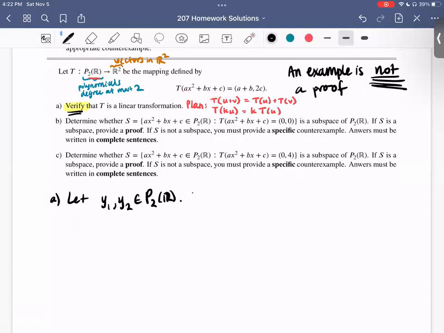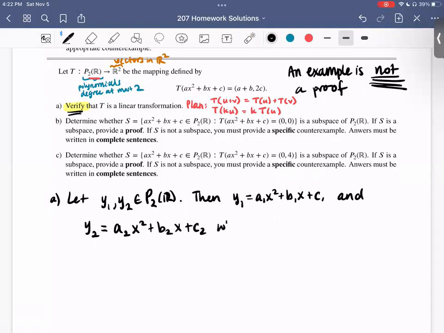So let's say y1 looks like a1x squared plus b1x plus c1, and y2 looks like a2x squared plus b2x plus c2, where these coefficients, a1, b1, c1, a2, b2, c2, are all real numbers.